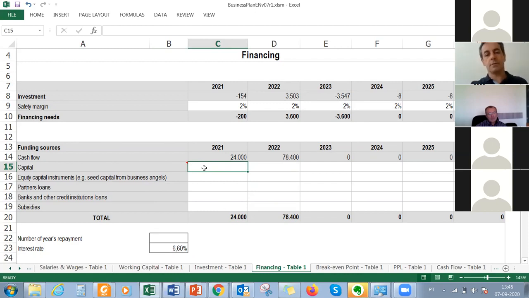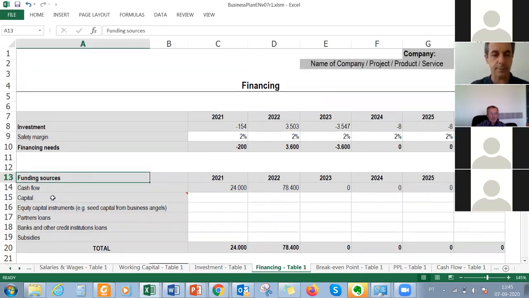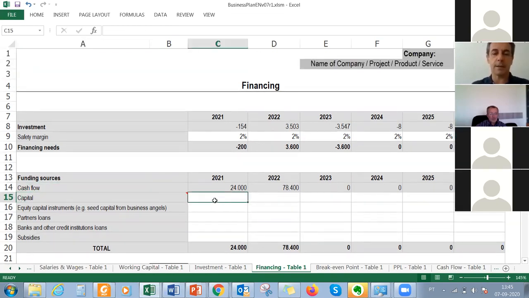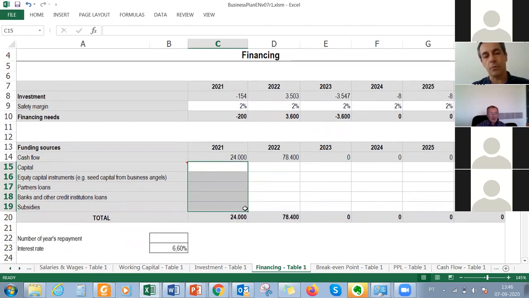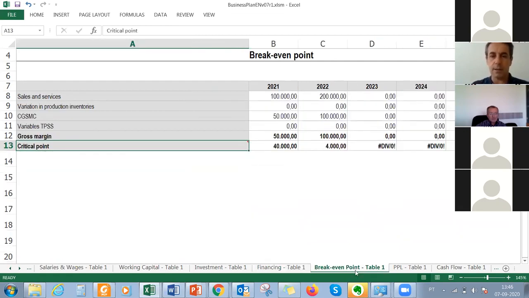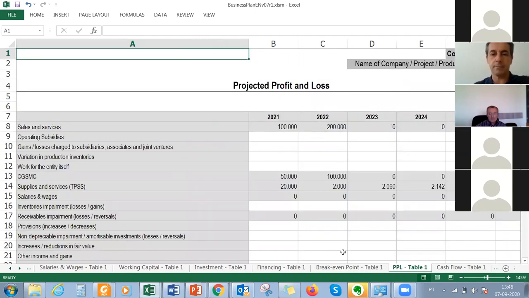But here there's a decision the students can make, about where the initial capital will come from. And then the rest is tables already produced by the system.